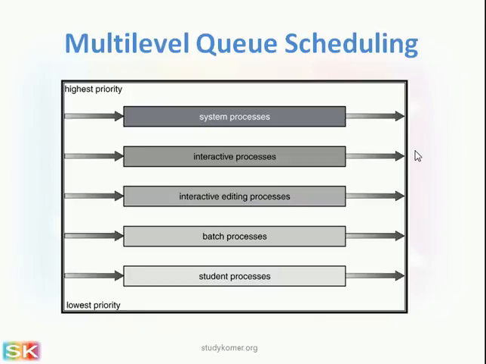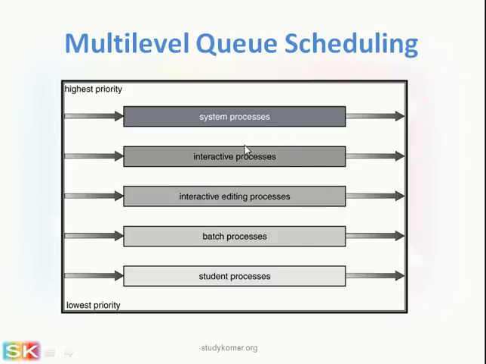So in this case we have highest priority for the system queue processes, then interactive processes, then interactive editing processes, then batch processing, and then student processes. Now it is not fixed that we should have the priority in this order only. It totally depends on your operating system implementation.